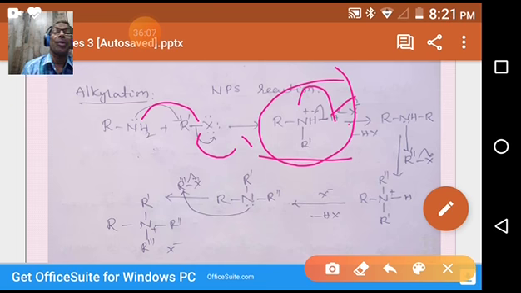Being highly electronegative, it attracts the electron pair from the nearby hydrogen, so hydrogen goes as H plus, and it leaves as HX. That's why we get the secondary amine.